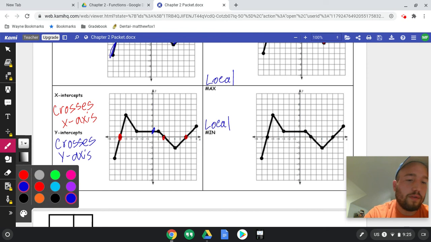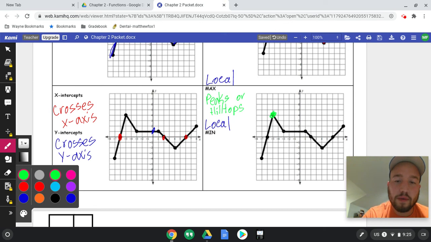So the local max is going to occur right here with green, and it occurs at the peak or the hilltop. And it always is going to go from increasing to decreasing. So do you see it was going up and then it was going down? Okay, that peak or hilltop is our local max.